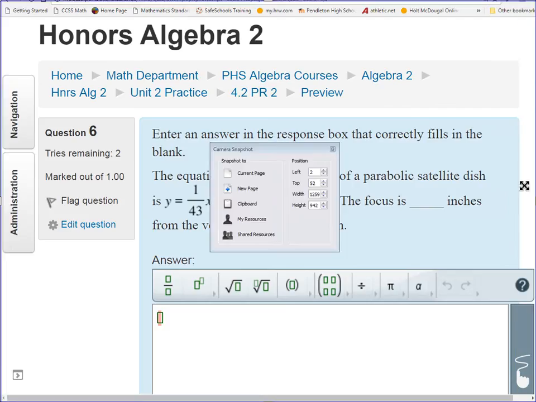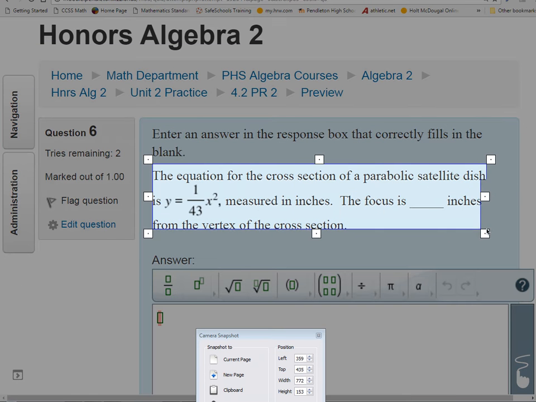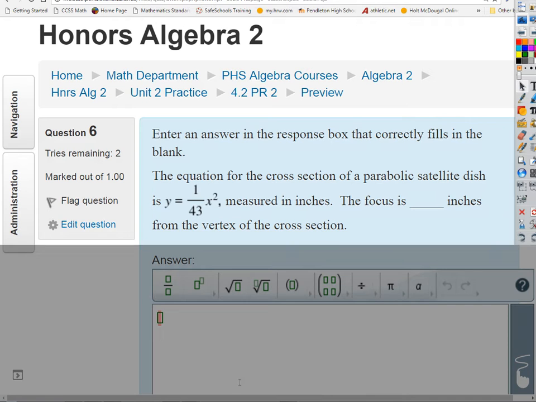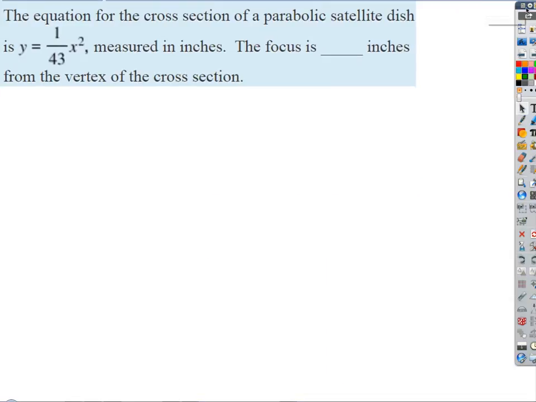Okay, so the x is the variable being squared here. So we're going to fit this to the standard form x minus h squared equals 4p times y minus k.